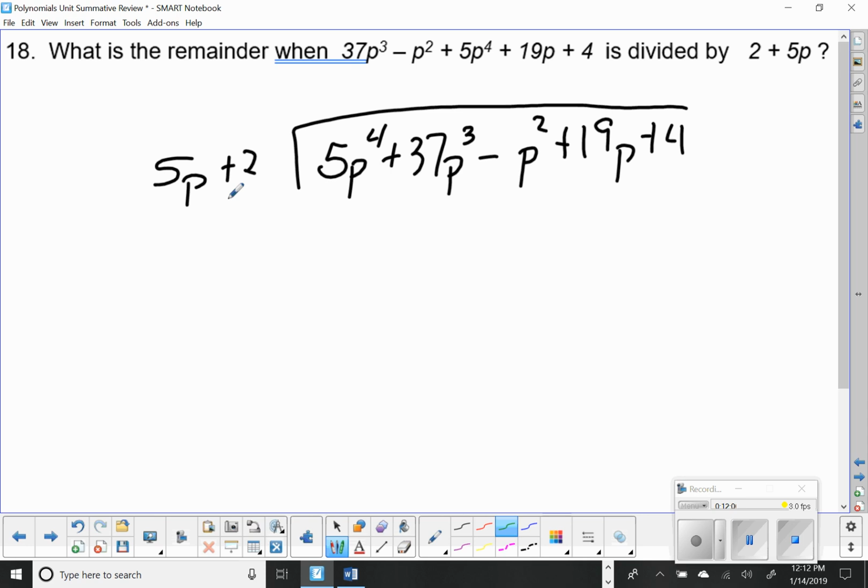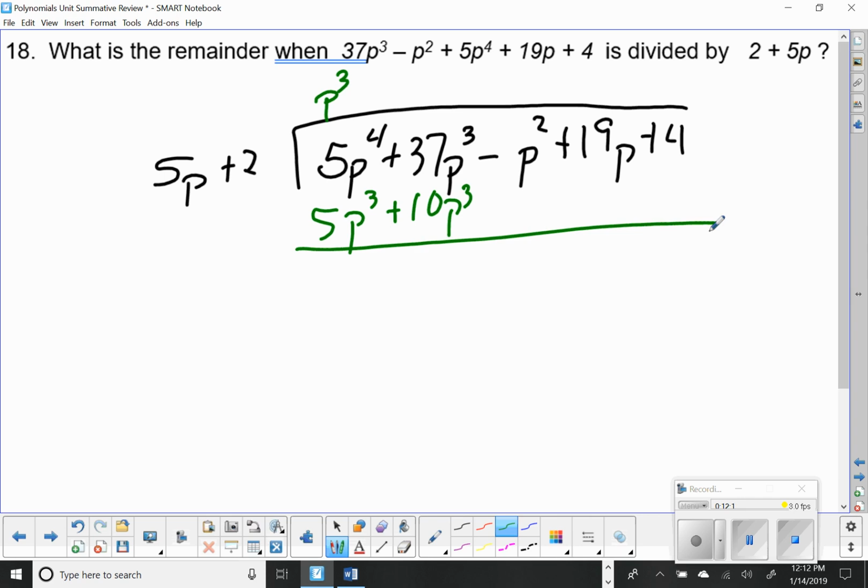Okay, 5p to the 4th divided by 5p is p cubed. 5p cubed plus 10p cubed. And subtract.